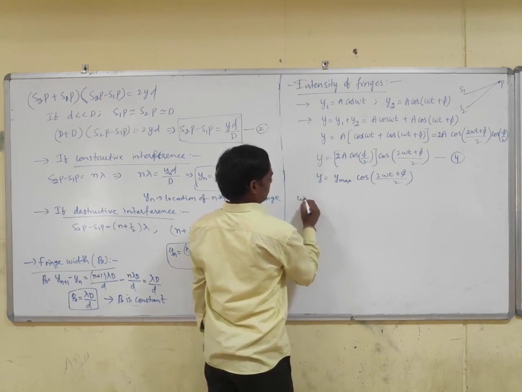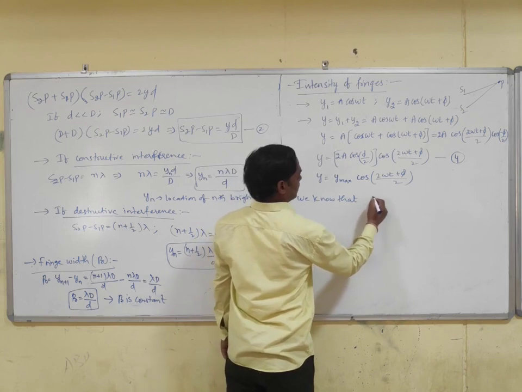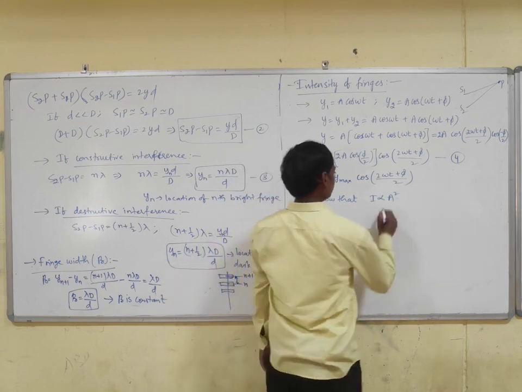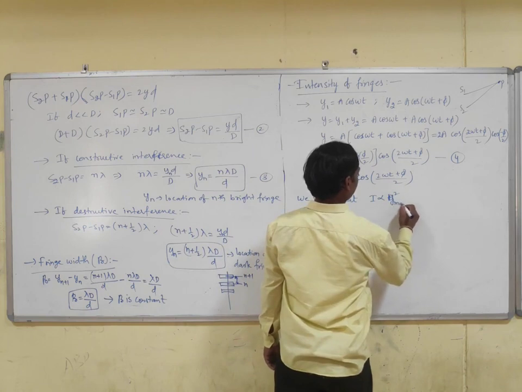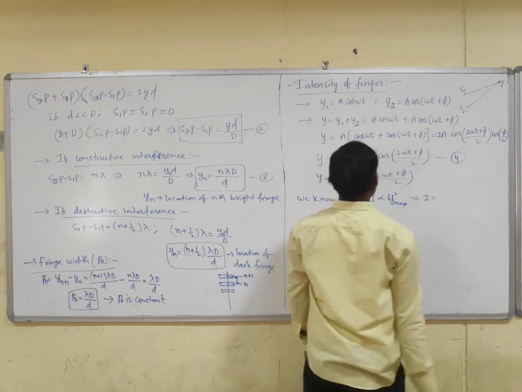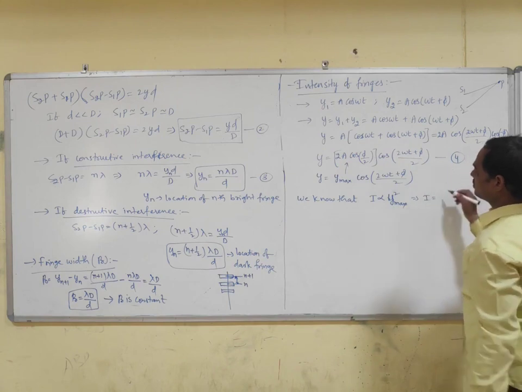We know that intensity is proportional to the square of amplitude, that is y maximum square. So I is equal to, what is y maximum? This one.